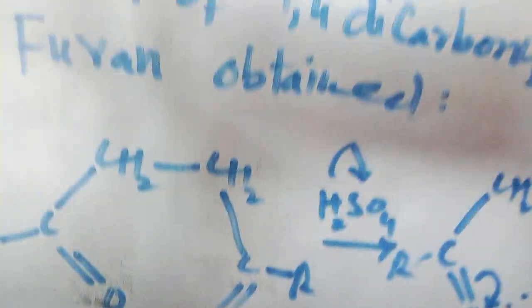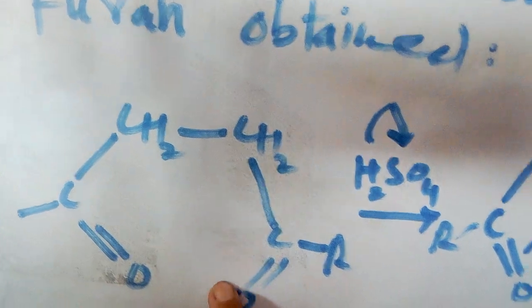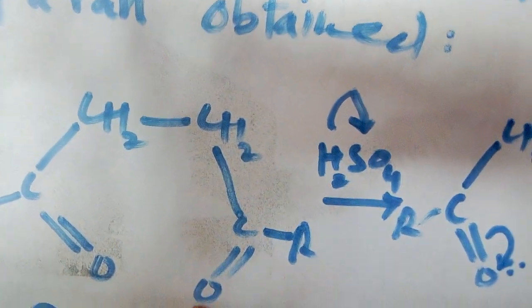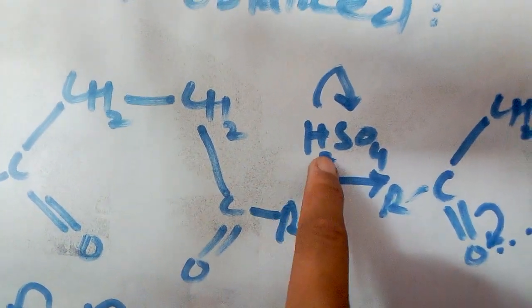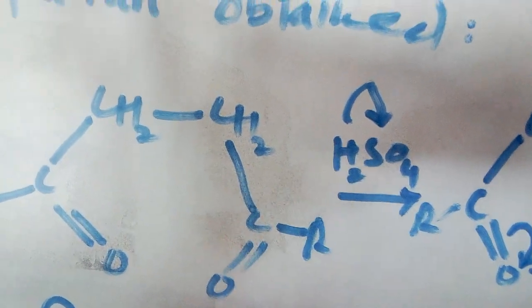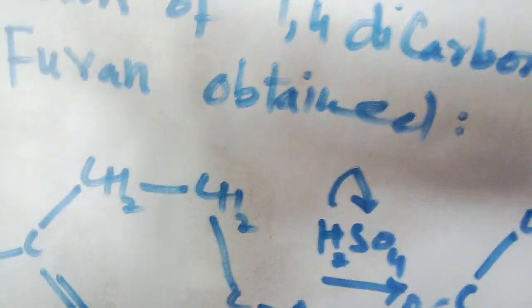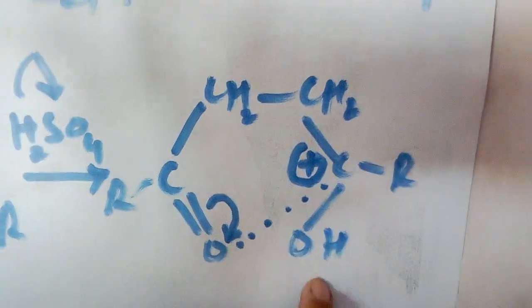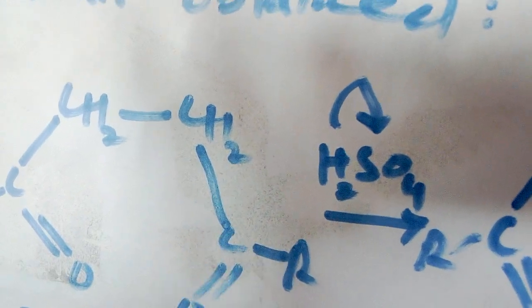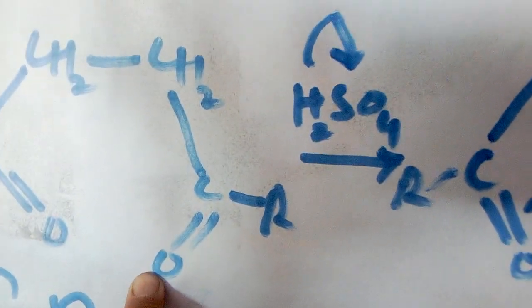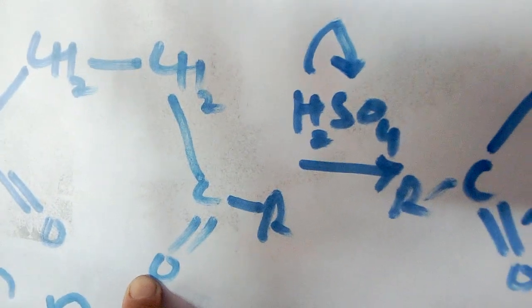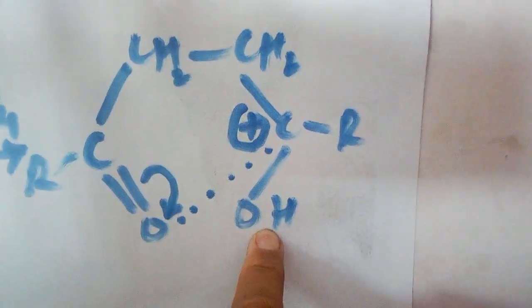So this bond will be broken in this direction. This oxygen will become positively charged and H positive will come here to produce OH. As this bond is broken in this direction, this carbon becomes positively charged, this carbon becomes negatively charged, and H positive will attach here, you can see here.